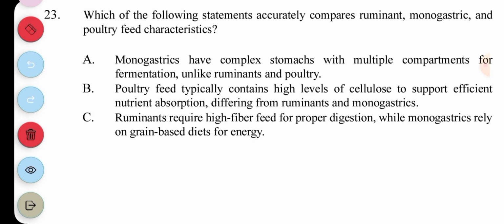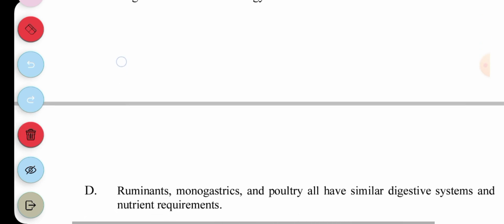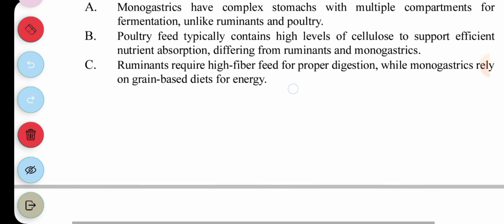C. Ruminants require high fiber feed for proper digestion, while monogastrics rely on grain-based diets for energy. D. Ruminants, monogastric, and poultry all have similar digestive systems and nutrient absorptions.